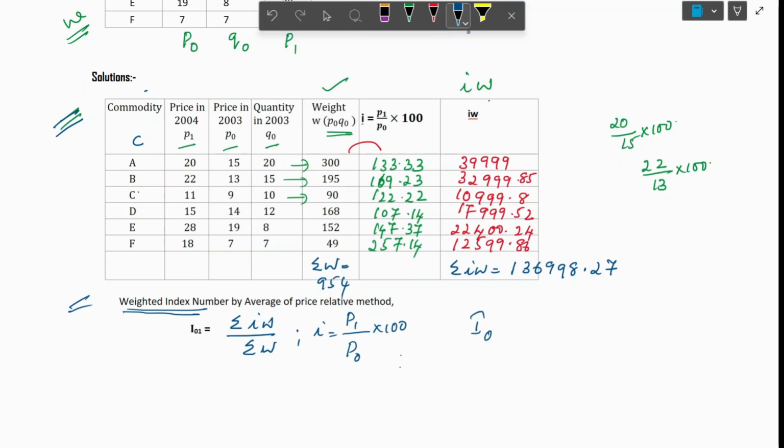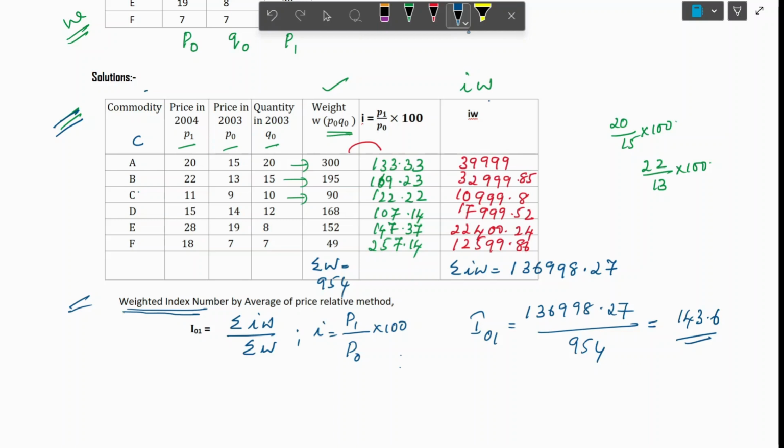Now substitute the values, that is 1,36,998.27 whole divided by 954. The answer is 143.6. Here we calculated the weighted index number by average of price relative method.